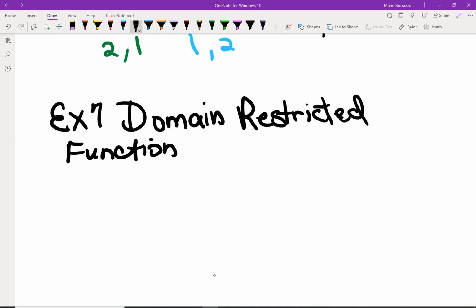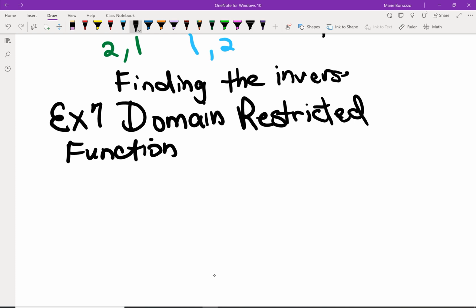So you're finding the inverse of a domain restricted function. Okay, so let me give you the example that they're getting at.